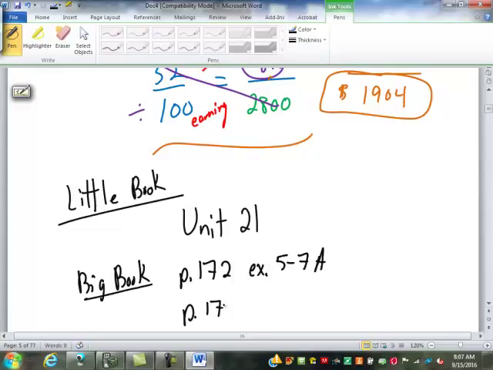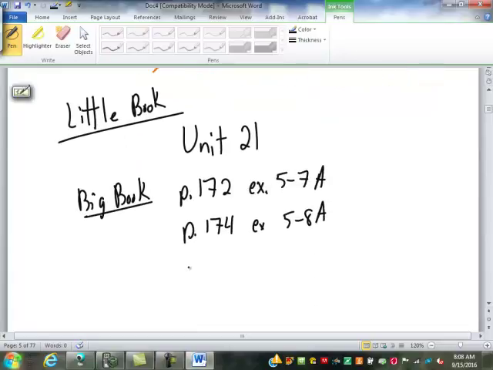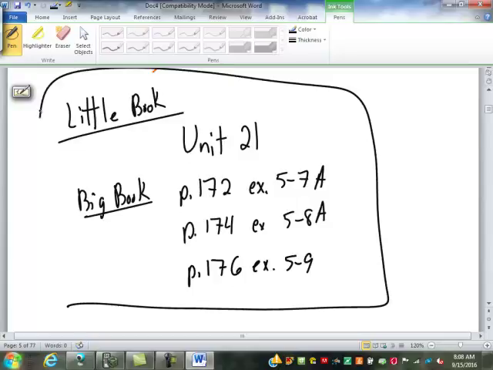Page 174, exercise 5-8A. And page 176, that is exercise 5-9. Again, just do the odds, check your answers in the back.